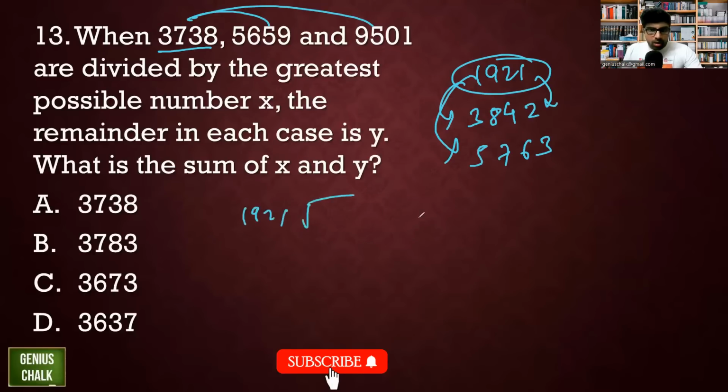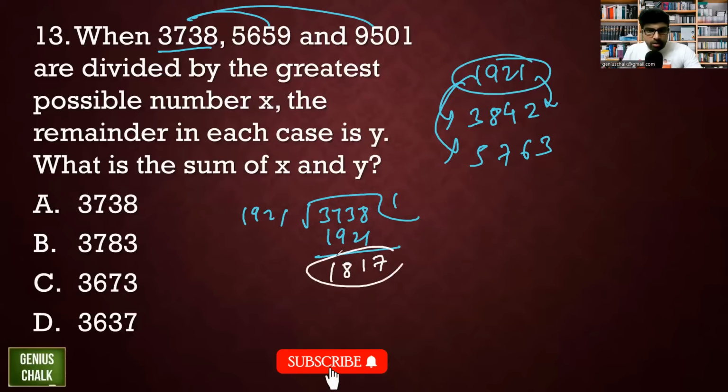So let's check 1921 and 3738. It will go one time. So 3738. And the remainder in each case is this, because 19 to the 38. So it will not go 2 times. It will go only one time. So what is the difference? 7, 1. 17 minus 9 is 8. 1817. 1817 is what we are left with.